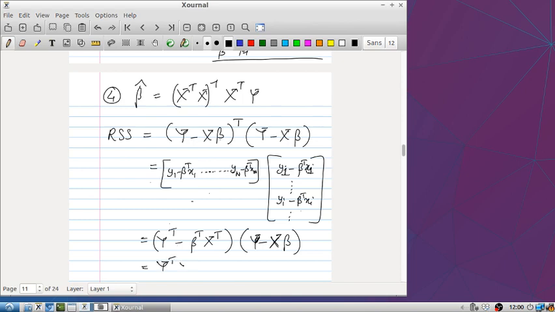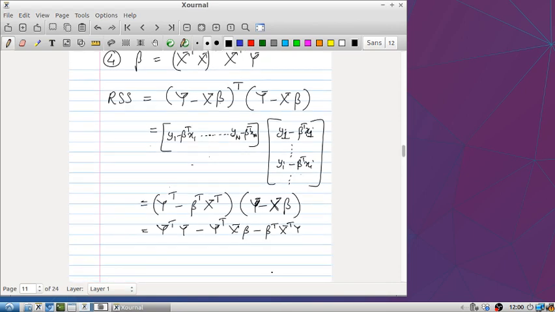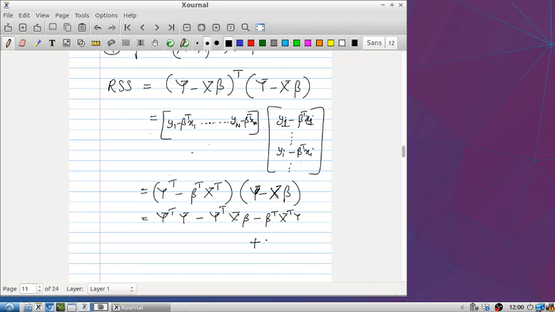Y transpose y, minus y transpose x beta, minus beta transpose x transpose y. Oops, I have one more term: plus beta transpose x transpose x beta.